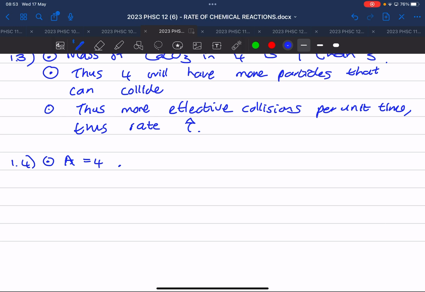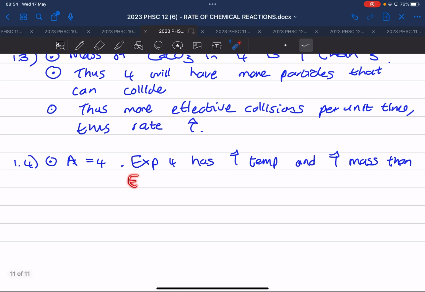So if we look there, what's the difference between 1 and 4? 4 has more mass and a higher temperature. So we're going to say experiment 4 has a higher temperature and a bigger mass than experiment 1.